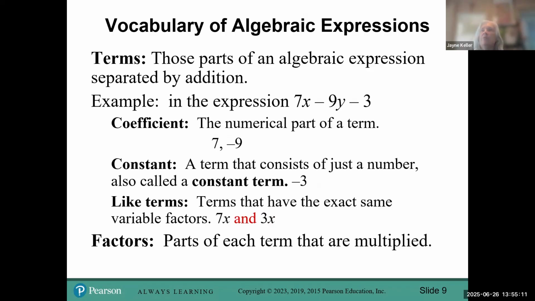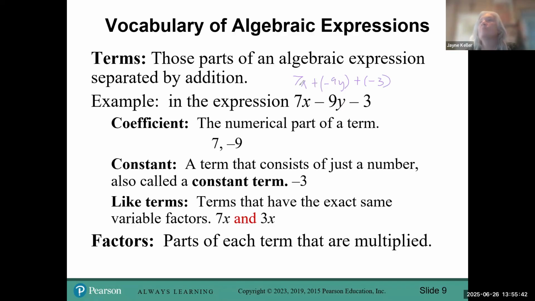Remember, when we talked about positive and negative numbers, we said that we can think of this as 7x plus negative 9y plus negative 3. So subtraction is the same as adding the opposite. So if I'm subtracting 9y, it's the same as adding the opposite, negative 9y. If I'm subtracting 3, it's the same as adding the opposite, which is negative 3. So these are the individual terms.